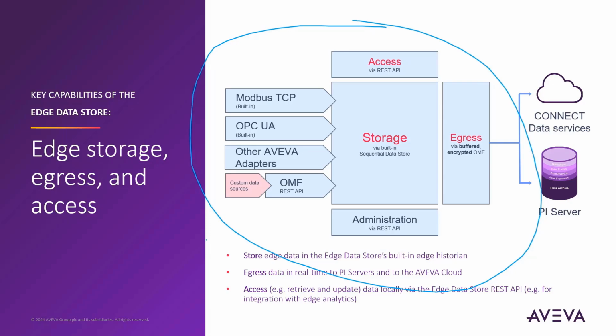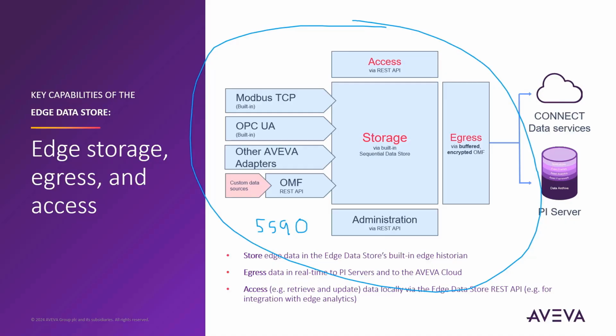And thus, as a security best practice, it's only administrators who should have access to the device where the Edge Data Store is installed. By default, that REST API listens on port 5590. This is absolutely configurable as well. You'll see me using this port later when we open up a demonstration.